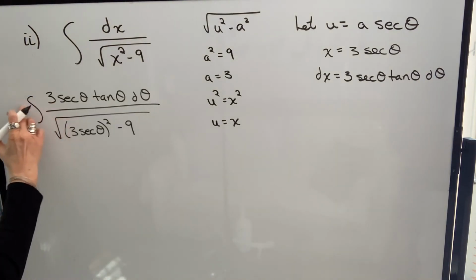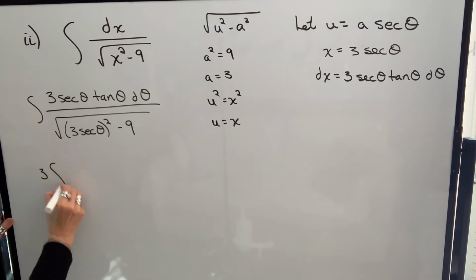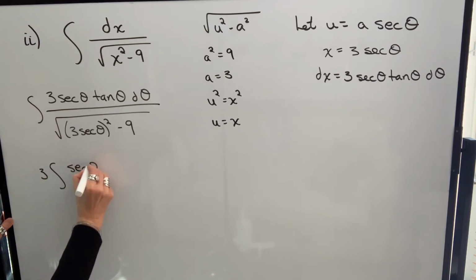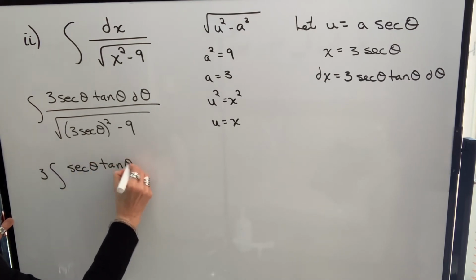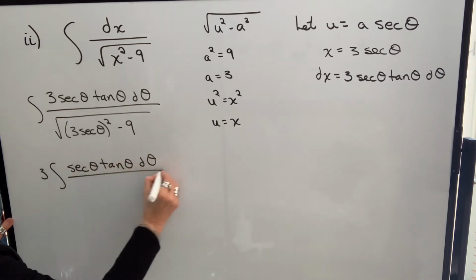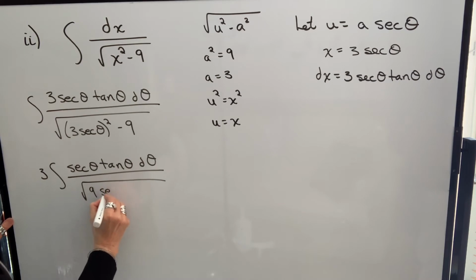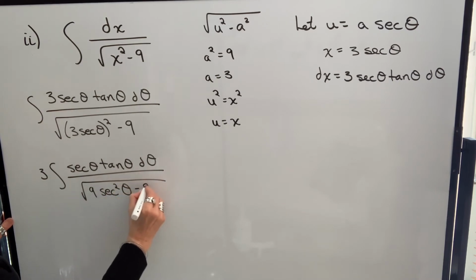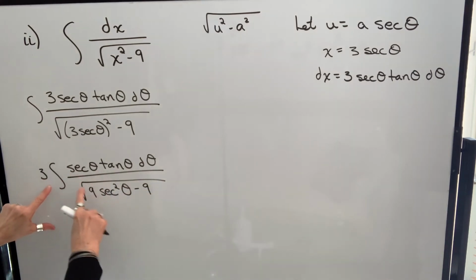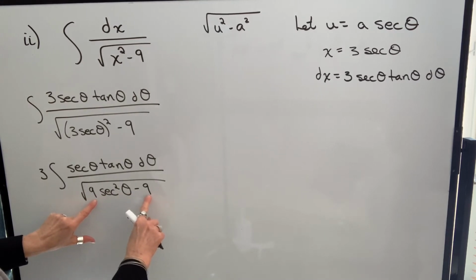I'm going to pull the 3 out front of my integral sign. I'm going to square this, it will be 9 secant squared theta minus 9. My next step is to factor out a 9 in this expression.